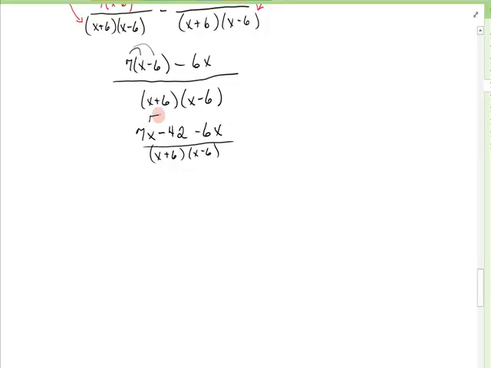Now, I've got some like terms to combine. I have positive 7x and negative 6x. I subtract for x, and I have a minus 42, and it is over x plus 6 times x minus 6. And I cannot factor that, so I'm done. And that's my answer.